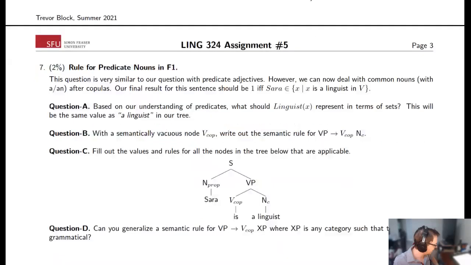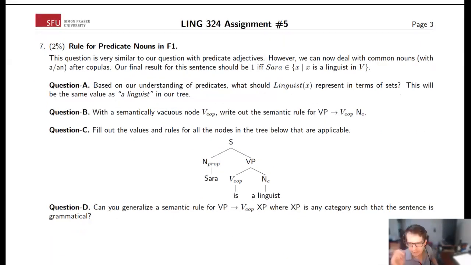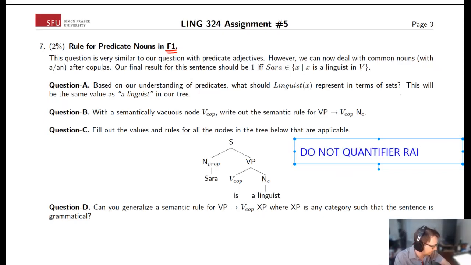It will be the same for question 7. What I will say about question 7 is that we've been talking now about movement, quantifier raising and things in F2. This is not F2. This is still F1. So we do not have quantifier raising. So even though we see a linguist here, do not quantifier raise in this case.